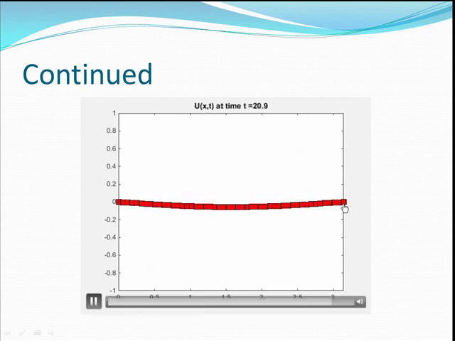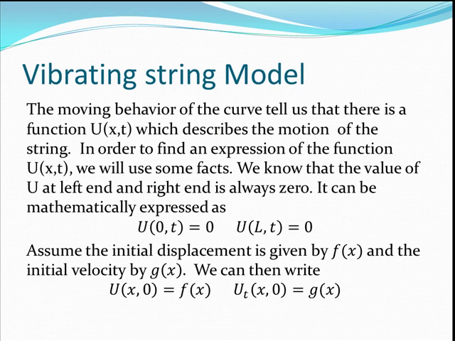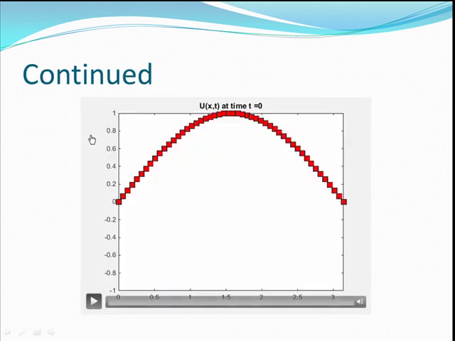We note here that the height of the string at x is equal to L and at x is equal to 0 is fixed, meaning at these points the string does not move. So the moving behavior of this curve tells us that there is a function u of x, t which describes this motion.